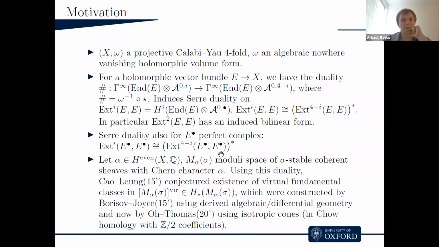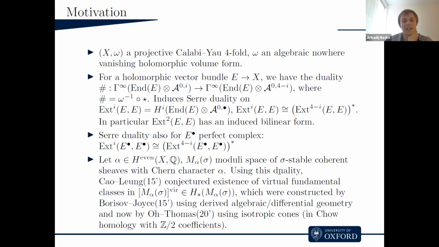And now, what is this all about? Why am I talking about this duality? It's because if one takes alpha, which is an element of cohomology sitting in the even degrees, then one can take the moduli space of sigma-stable coherent sheaves, where sigma is some stability condition, with a given Chern character alpha, and in this moduli space, one would like to count the number of these stable sheaves.